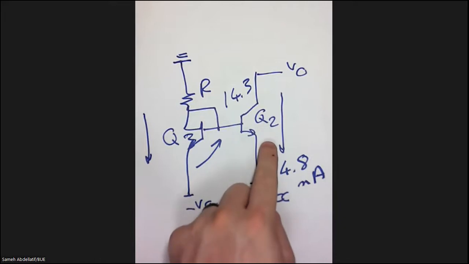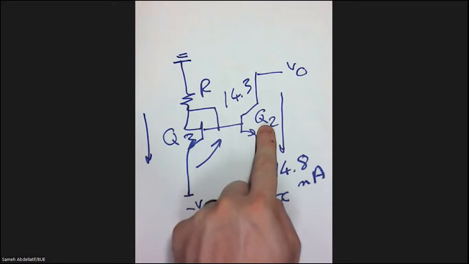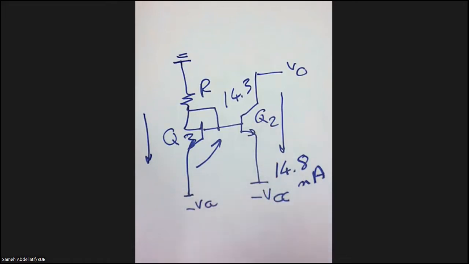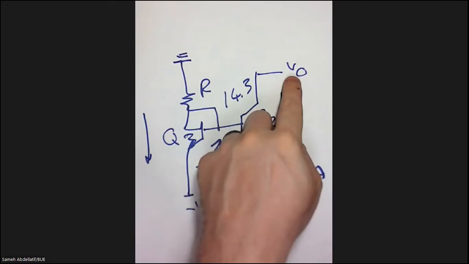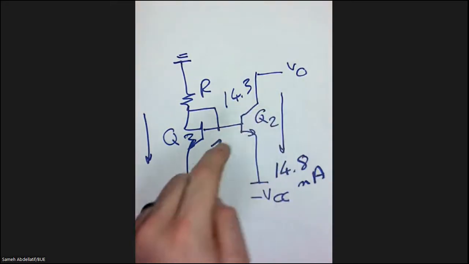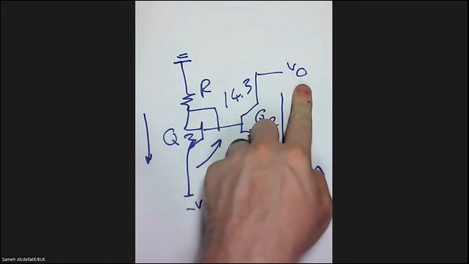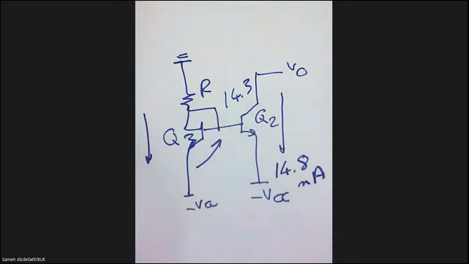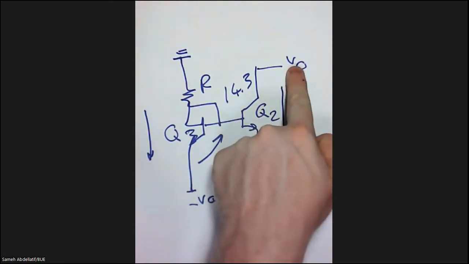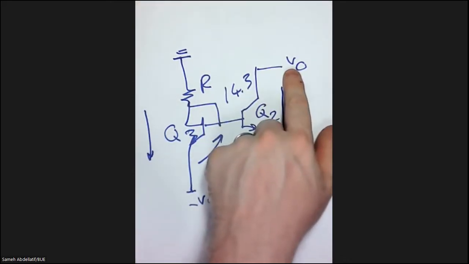If you remember, we put a restriction for Q2 to be in the active region, and we told you that we can go down with the output voltage up to VCC minus VCE sat to guarantee that this transistor is still active. And this will be our minimum output, if you remember: the output equals VCC minus VCE sat. So as long as your output is at or above the minimum, which is normal, this transistor will be active.